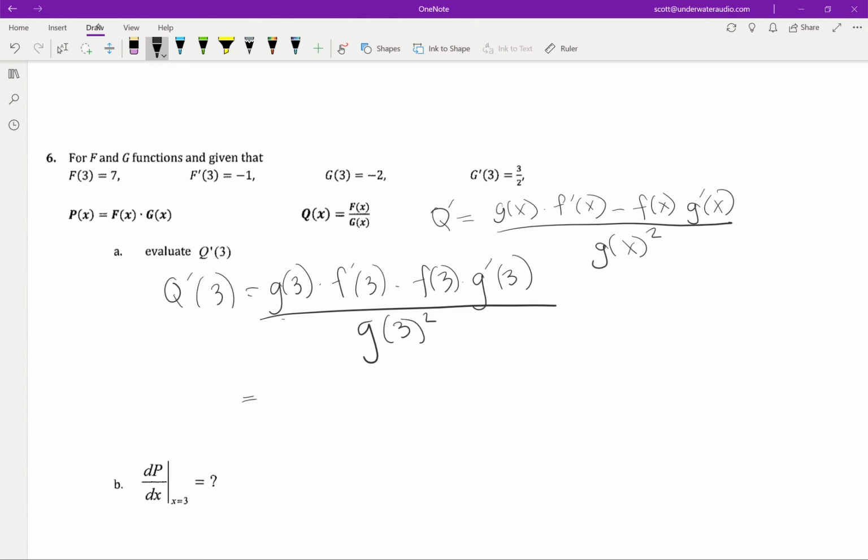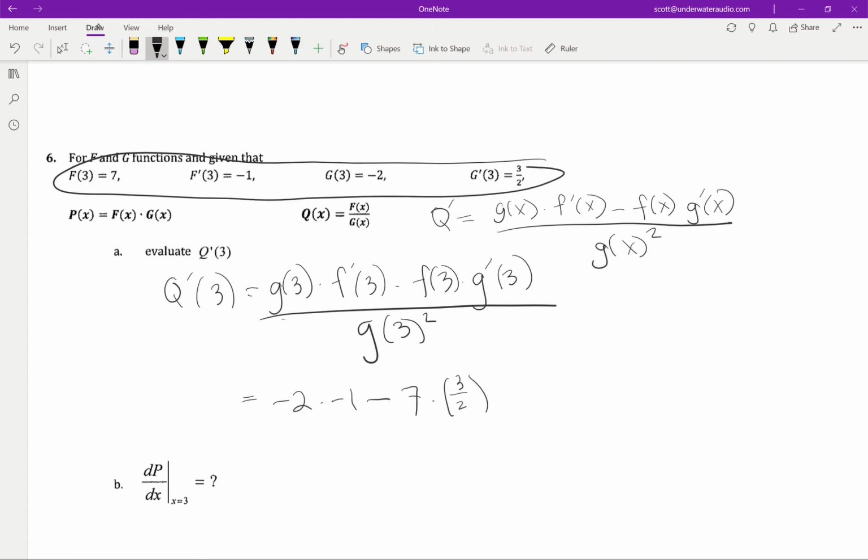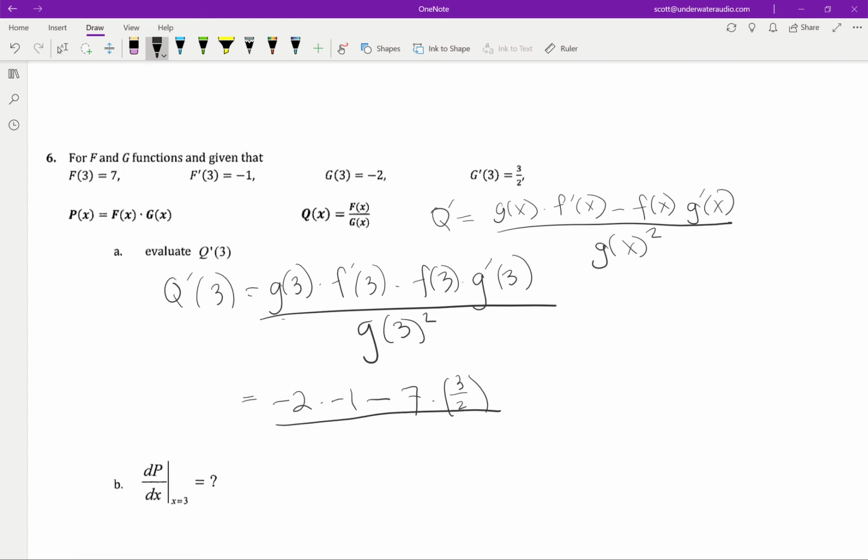Okay, g of 3 up here is negative 2, f prime of 3 is negative 1, and then it's minus f of 3, which is 7, and g prime of 3, which is 3/2. So I'm just picking these values from up here, if you're missing that, and then divided by g of 3 squared, so negative 2 squared.